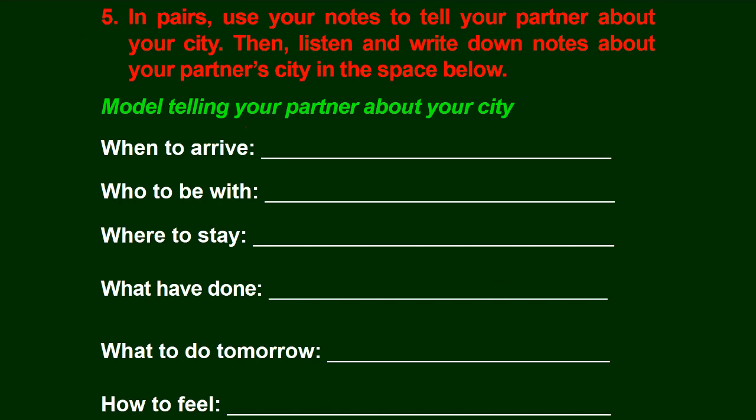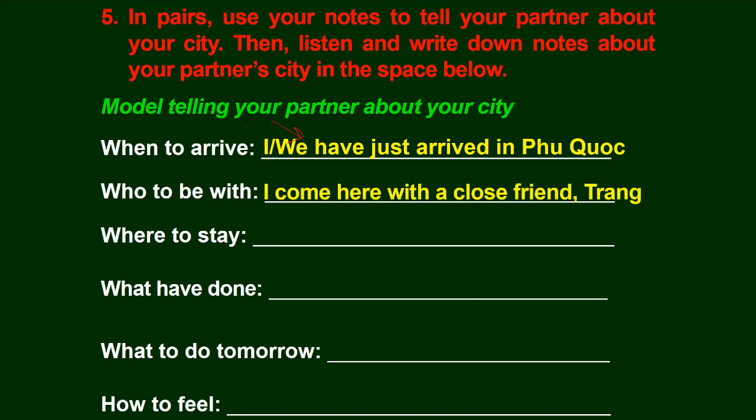Now let's write the sentences, okay? In pairs, use your notes to tell your partner about your city. Then listen and write down notes about your partner's city in the space below. For example, when to arrive. I or we just arrived in Fukuoka. And number 2, who to be with. I come here with a close friend, Chan. Where to stay.